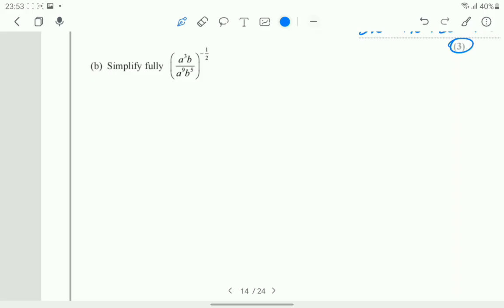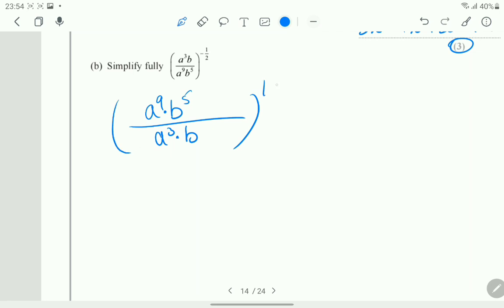Another question from indices. Now just to start off, the power of this bracket is negative, and to make it positive we will reciprocate this whole fraction. So it would be a raised to the power 9 into b raised to the power 4 over a raised to the power 3 into b raised to the power 1, but 1 is not written, so it's not a big issue.